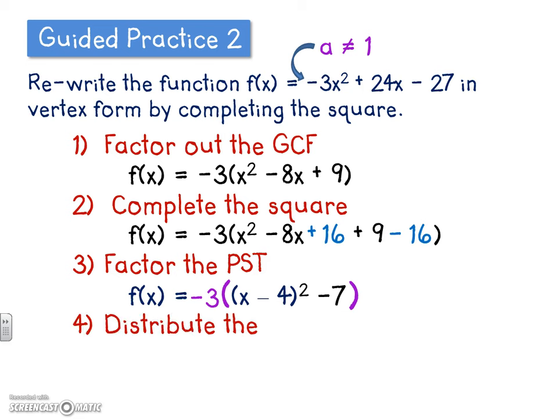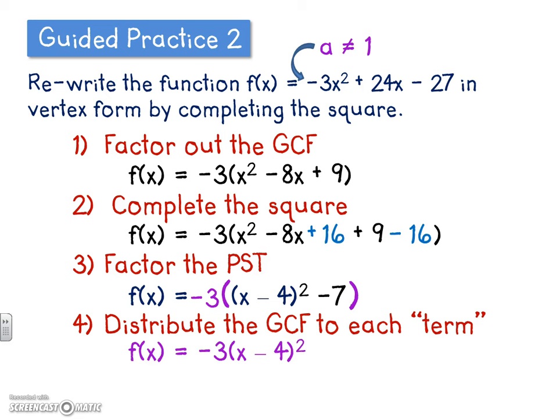Well, now we need to redistribute that GCF to each term. So this isn't so bad because there's really only 2 terms inside this set of parentheses that we need to distribute the -3 to. When we distribute -3 to the x minus 4 squared, it's simply -3 times x minus 4 squared.